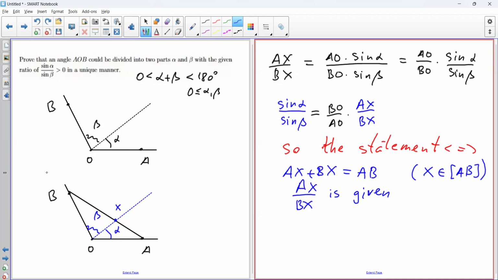So generally, if we consider this straight line AB, there would in principle be just 2 points which have the same ratio AX over BX. And just one of them would be such a point that X is the point of the segment AB. So that would be related to the topic of Apollonius circle, quite a famous theory.